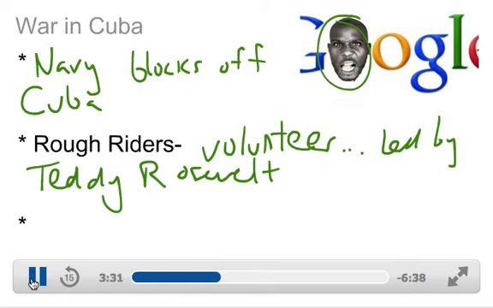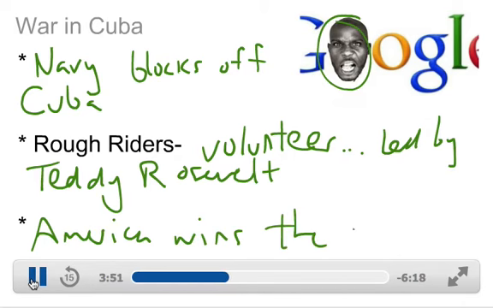So, anyway, Teddy Roosevelt leads the Rough Riders into Cuba, and he is responsible for our most famous victory in Cuba on land. Okay, so with the help of Teddy Roosevelt and the Rough Riders, America wins the war in Cuba as well.